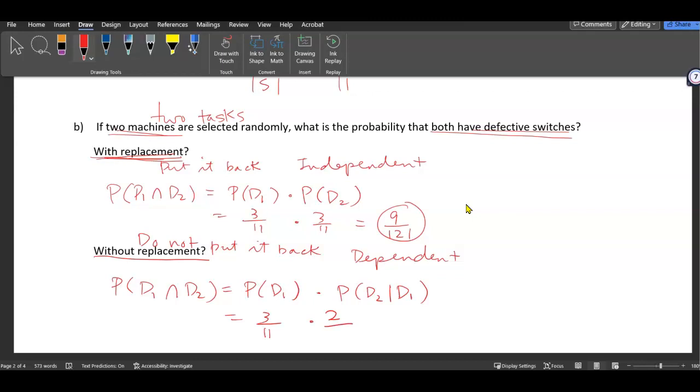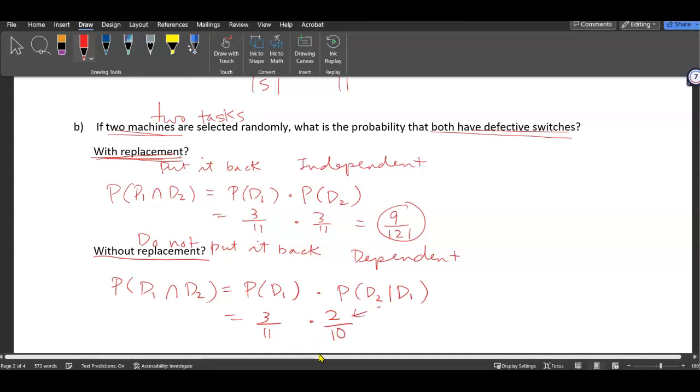Your total machine, because you didn't put that defective machine back, is now what? Only 10 of them, right? If you don't put it back, you had 3 to begin with, but now you only have 2, and your total machine is only 10 because you didn't put it back.